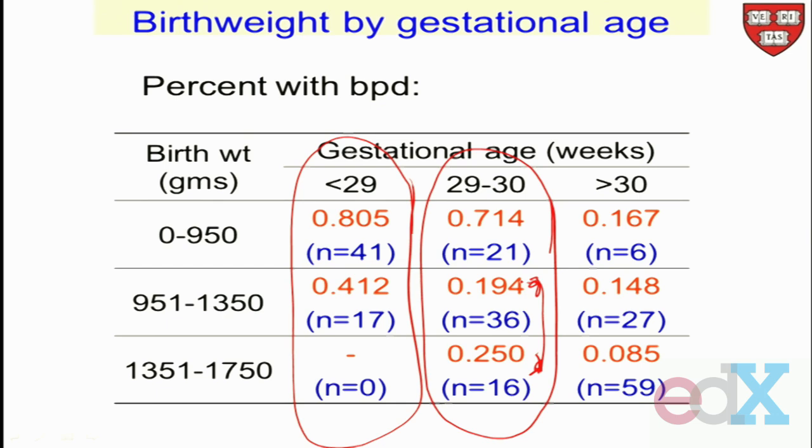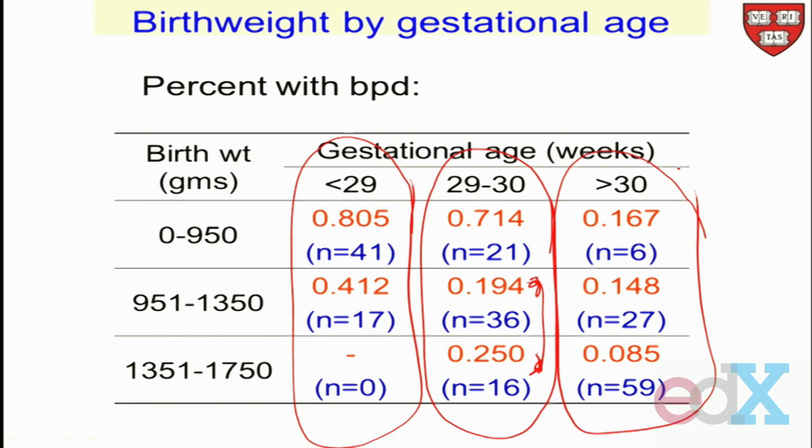And if we look at this one, then we see our monotonic trend, so birth weight still, within that gestational age category, is informative. So this is arguing, first of all, that gestational age and birth weight are not totally collinear.